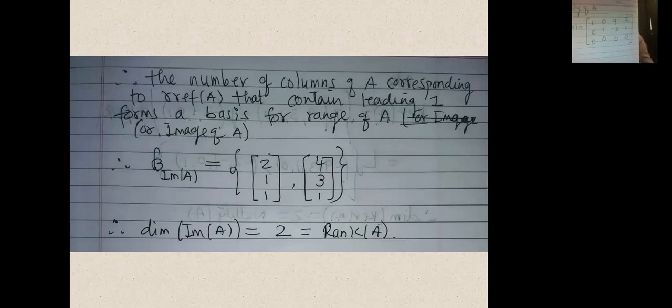We got it. Now in this matrix we will concentrate on this and this vector, so C3 and C4. So this is what we have to do here.